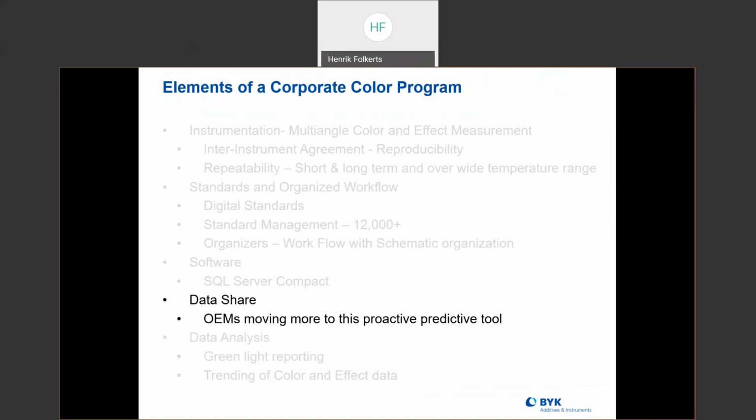This is something that the OEMs are going to, and I think a lot of the suppliers also like. In my opinion, this is not just for the automotive industry, even though the example we're going to give you is for automotive. Anybody who has suppliers that have something that needs to match something else for harmony could use this type of tool, which we call a proactive predictive tool.